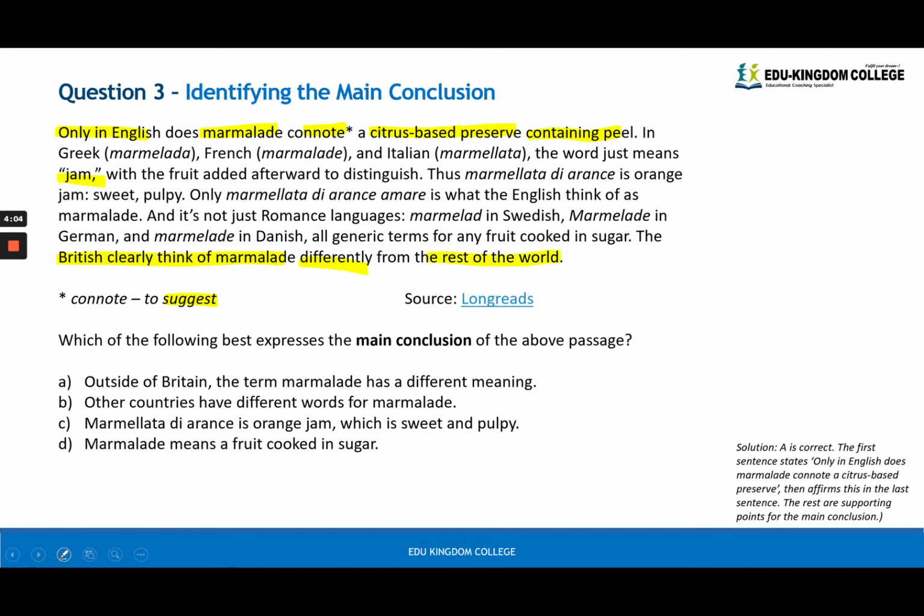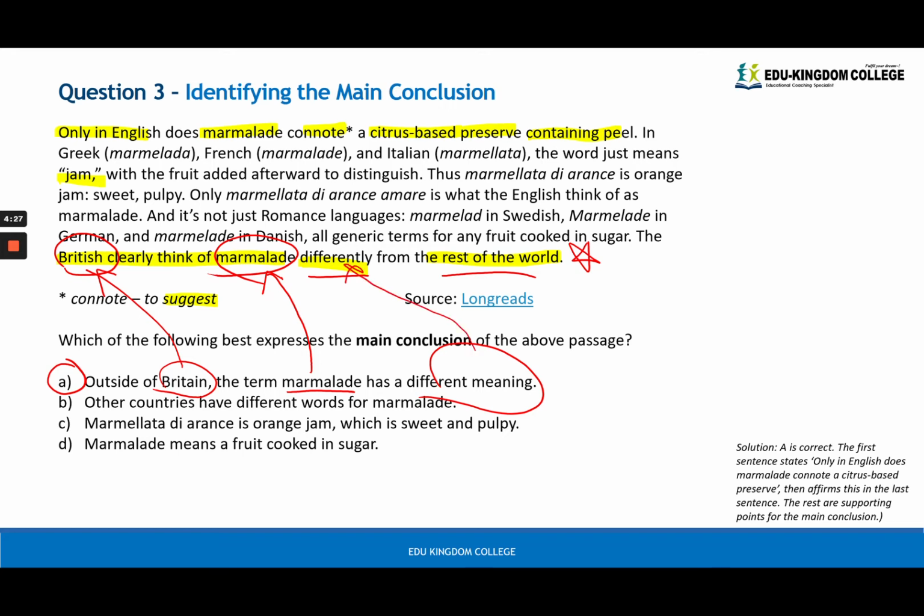That is kind of the main idea. And that's why A is the best answer. Outside of Britain, the term marmalade has a different meaning. So the marmalades link up. British, Britain, meaning, right? Basically, the whole passage is about meaning and difference. So lots of links, meaning A is the best one.